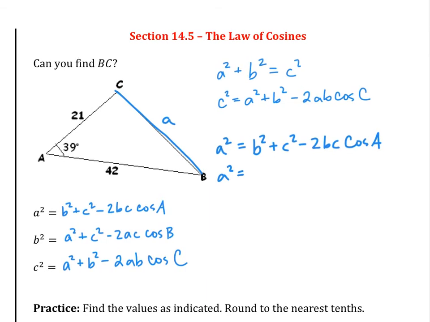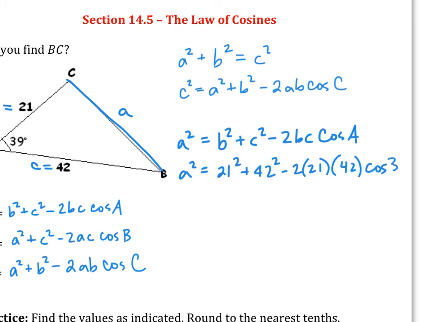Okay, so b is the opposite of angle B, and then c is opposite of angle C. So b squared, that's 21 squared, plus c squared, so that's 42 squared, minus 2 times 21 times 42, cosine of angle A. Angle A is 39. All right, so this is pretty simple. This is just plug it into the calculator and we're good kind of question.